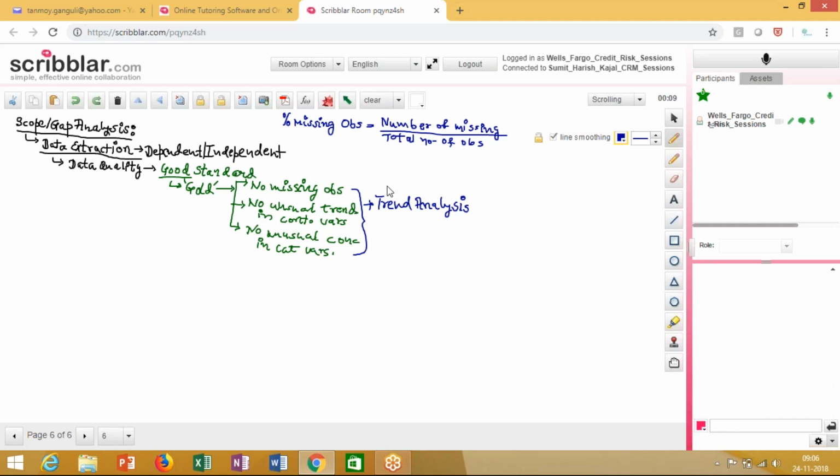Now the question that many people ask is, with missing observations there are two challenges that come up. First challenge is how to identify missing observations, and second is how to treat the missing observations, which is obviously a bigger question.